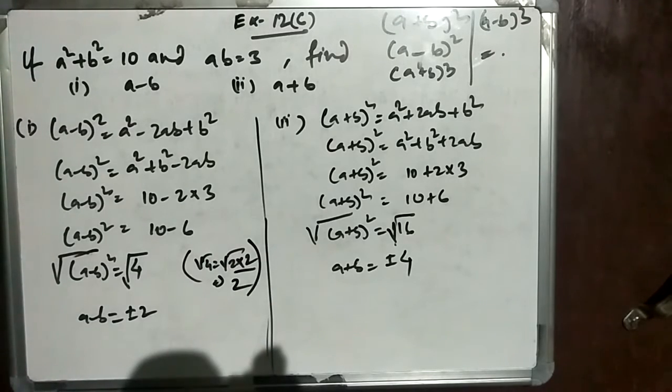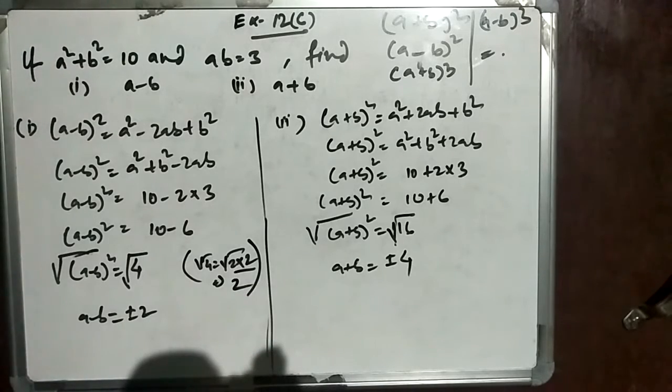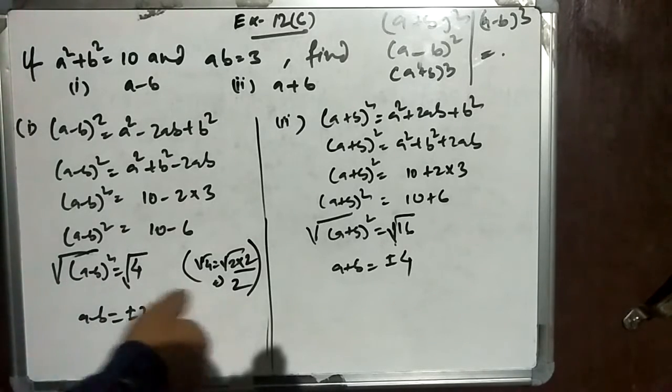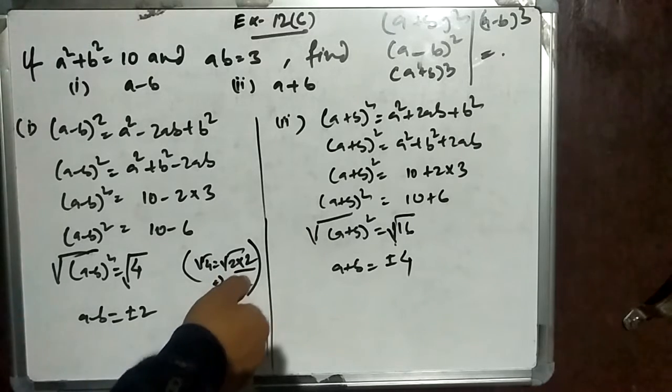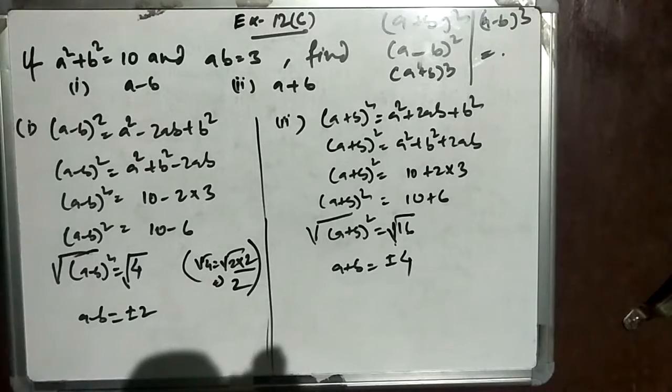In the root format you can take out a pair of the same digit in a single form. So a minus b is the same, and as it is 2 into 2 is 4, the pair of 2 will convert into a 2, plus minus 2. The first part of this question is complete.